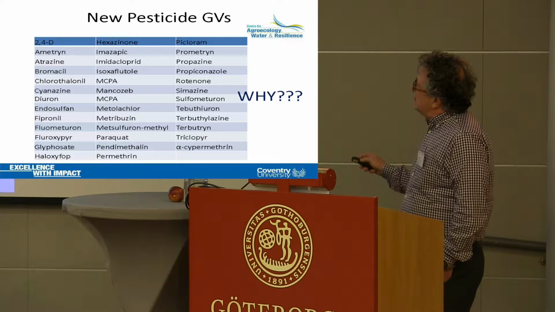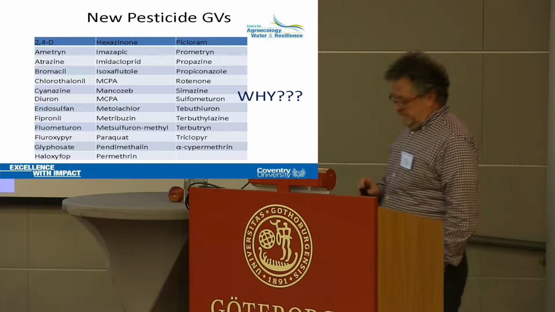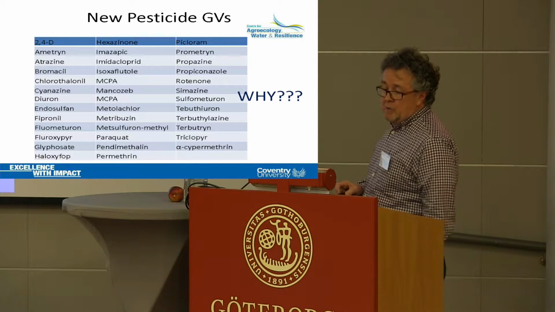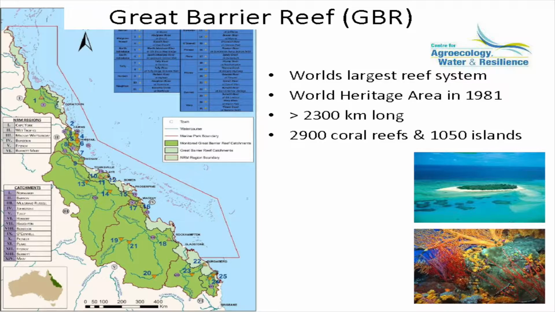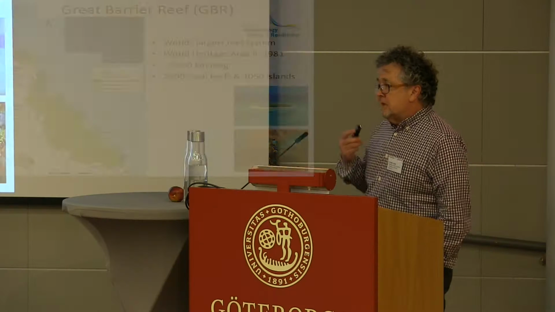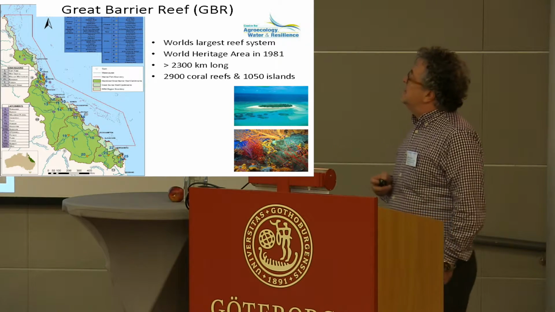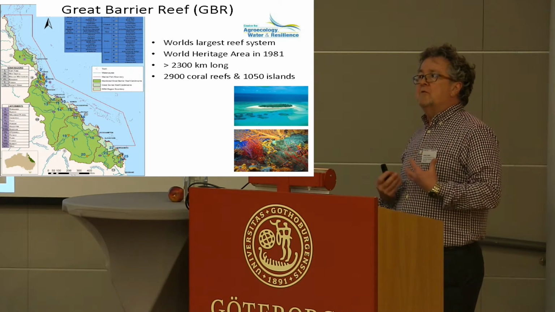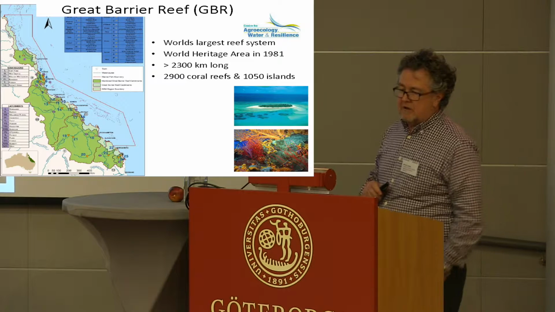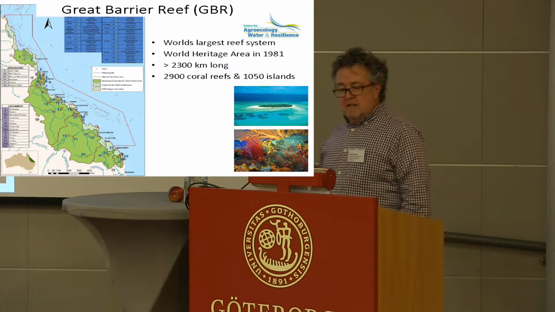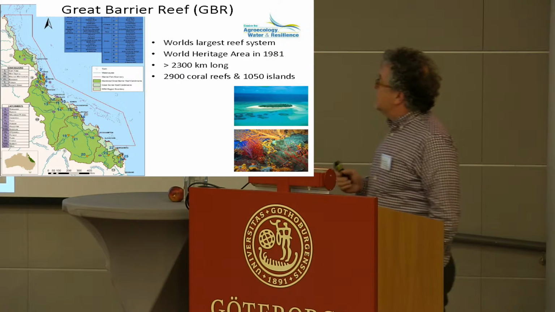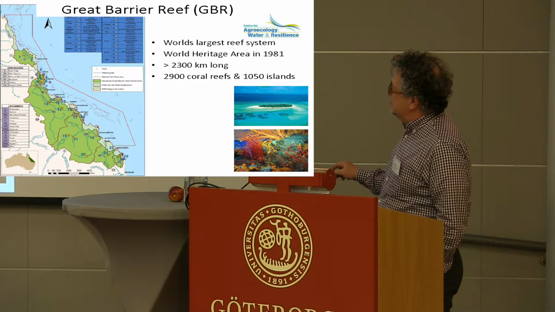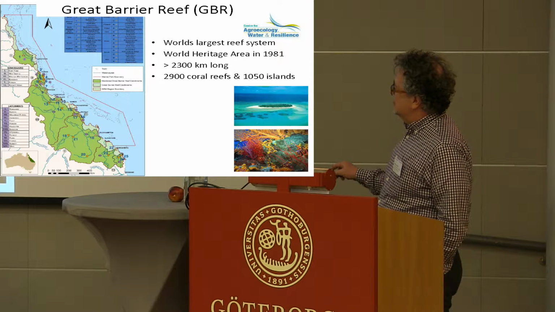But more importantly, we are monitoring and finding these chemicals in our waterways. And Australia has a number of very unique and highly politically sensitive ecosystems that we feel that we must protect. And one of those is the Great Barrier Reef. This is the world's largest reef system. For those of you who don't really know Australia, that's Australia there.